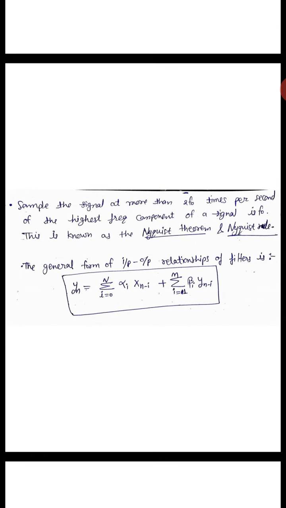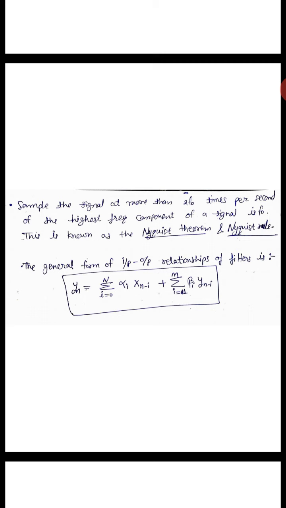A signal sampled at more than 2 f0 times per second, where f0 is the highest frequency component of the signal, is called the Nyquist theorem, or we can say the Nyquist rule.